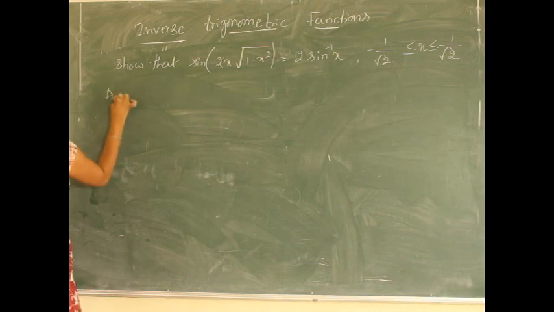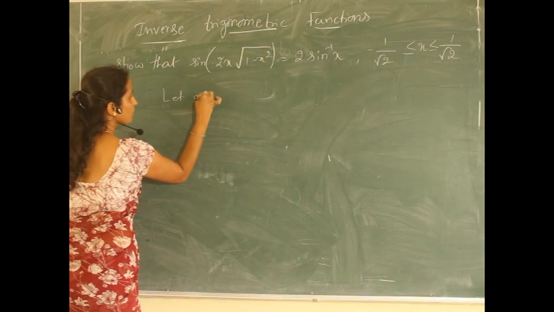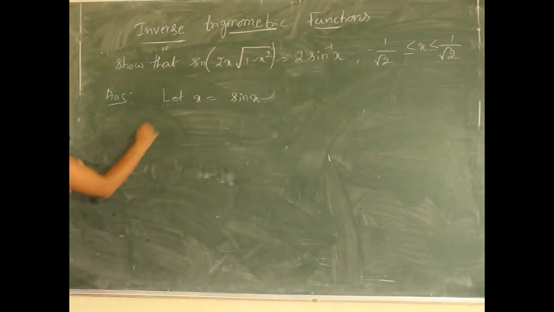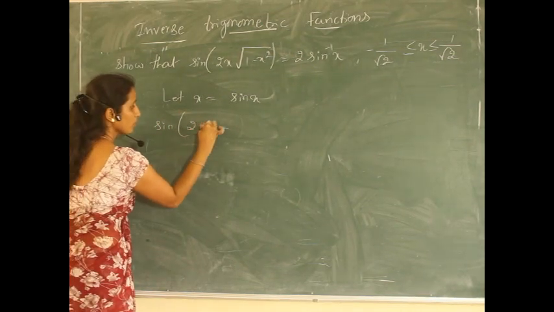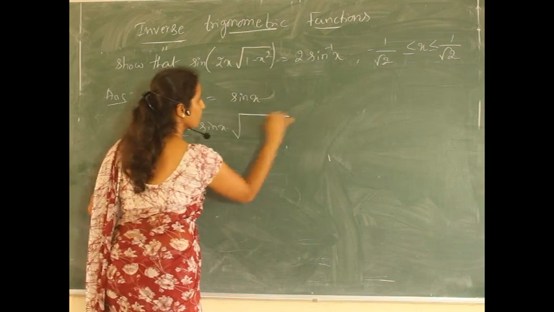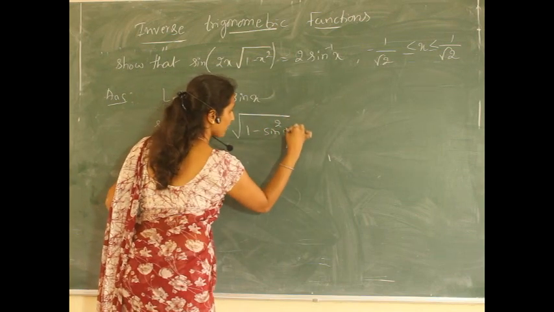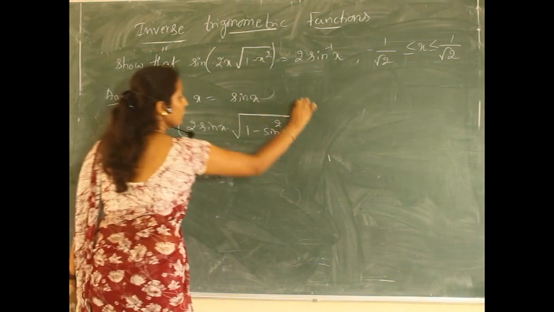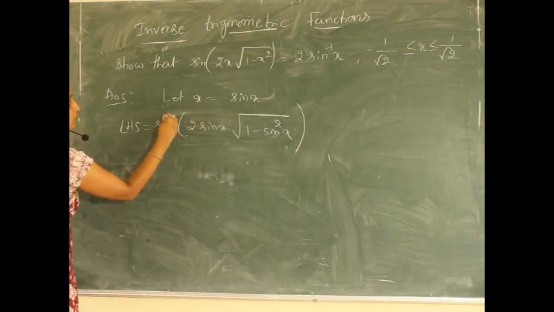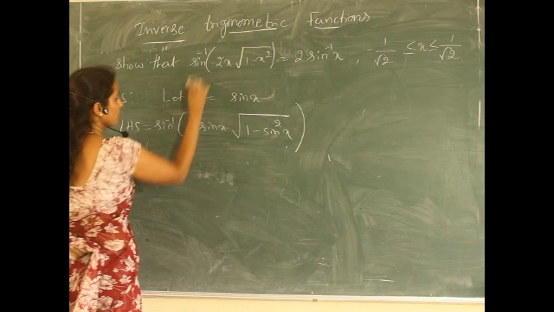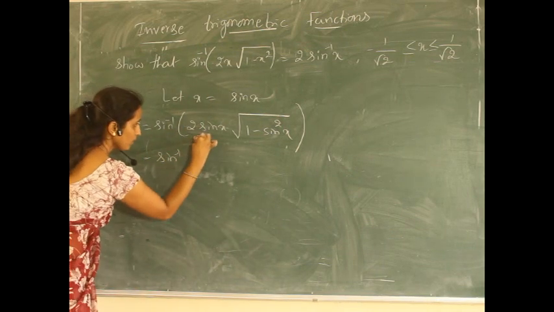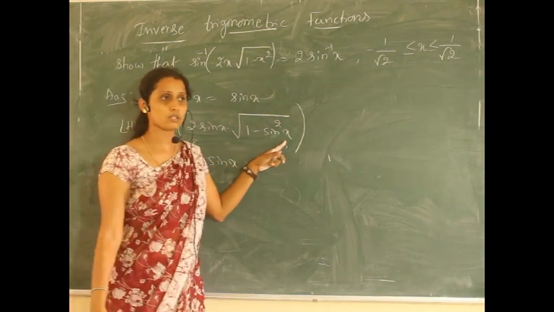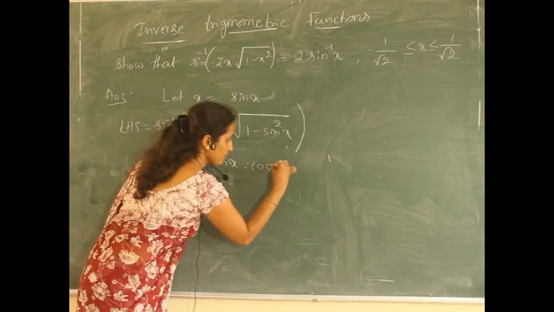Let x be equal to sin theta. Then the function becomes sine inverse of 2 sin theta times the square root of 1 minus sine square theta. Considering only the left hand side, we know that 1 minus sine square theta is cos square theta, and its square root is cos theta.